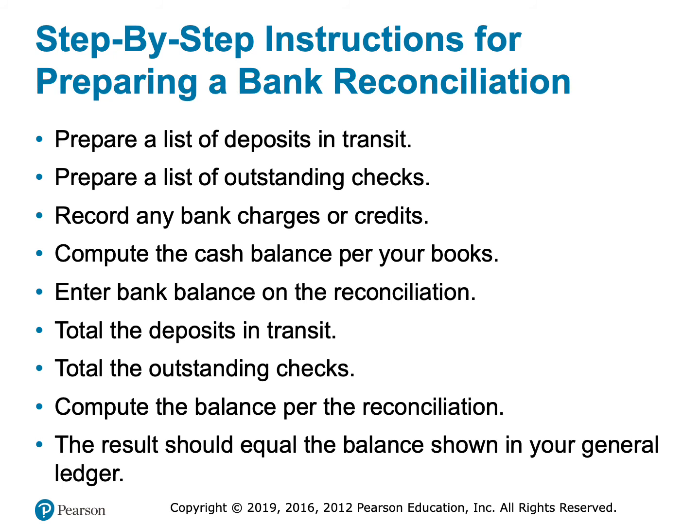So maybe that was an automatic deposit, a bank charge, anything like that that was on the bank statement but not in our books. We're going to calculate the balance per book, so the reconciled balance. We're going to enter that balance on the reconciliation. We'll total the deposits in transit, total the outstanding checks, compute the balance per reconciliation, and then they should equal. If they don't, then we've got to go back and figure out what we left off.